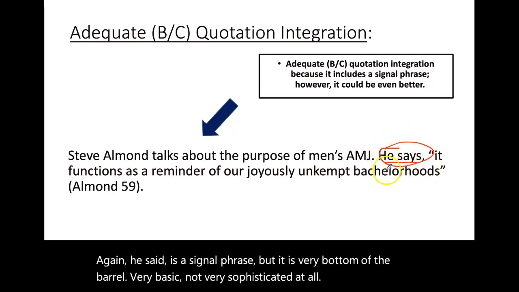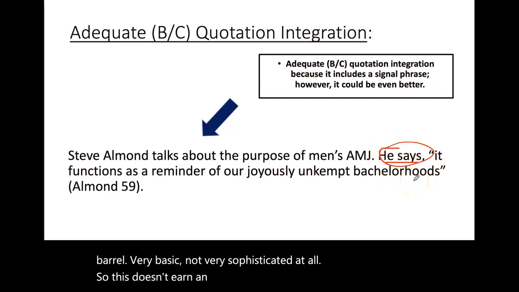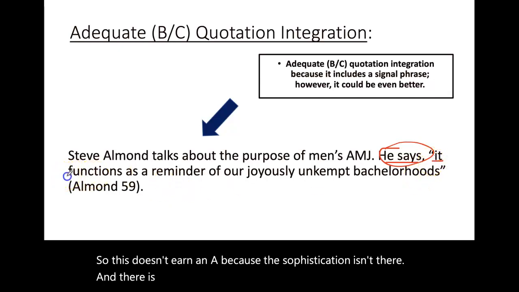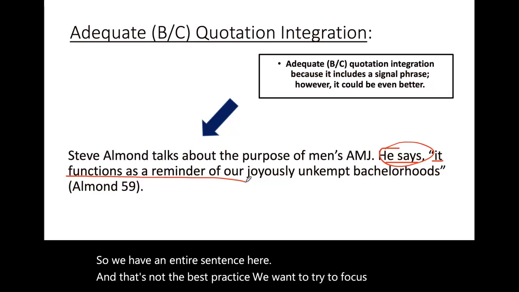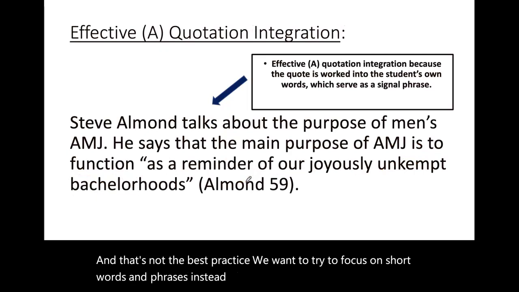So this doesn't earn an A because the sophistication isn't there. And there is an entire sentence quoted here. So we have an entire sentence here, and that's not the best practice. We want to try to focus on short words and phrases instead of complete sentences.